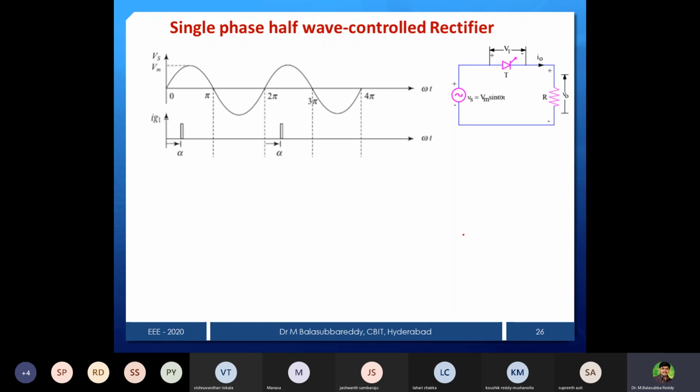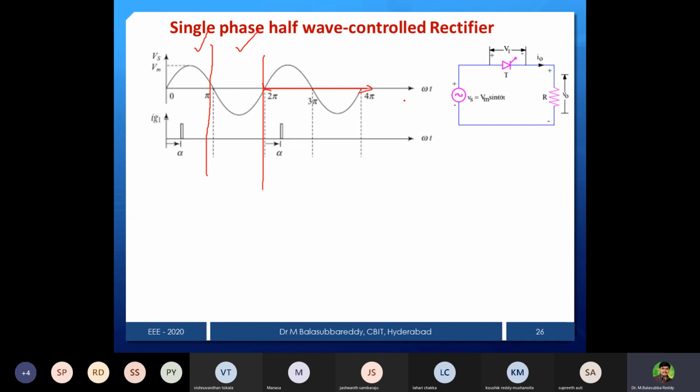One is what will happen during the positive half cycle, that means this portion, and what will happen during the negative half cycle. That's all the explanation. For the positive half cycle we explain one para, for the negative half cycle we explain the other para, and then the rest of the cycle is going to be repeated.